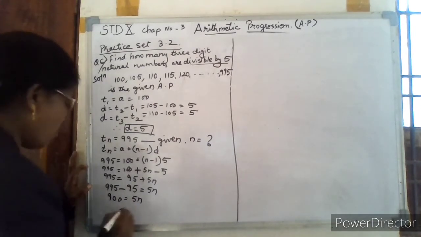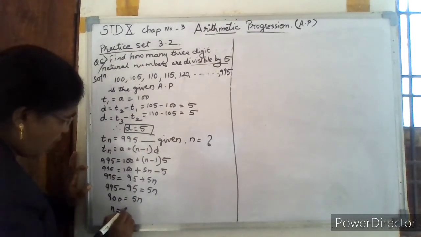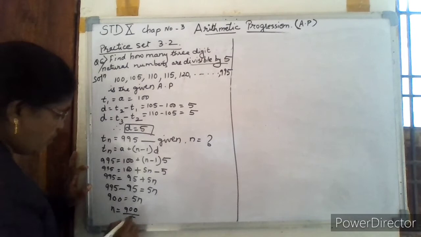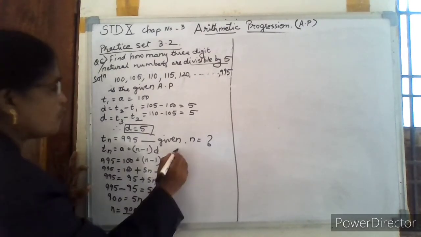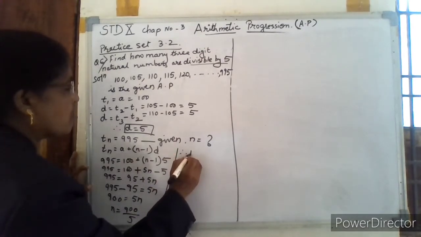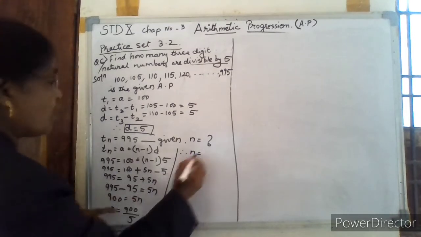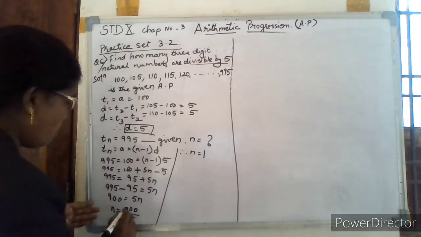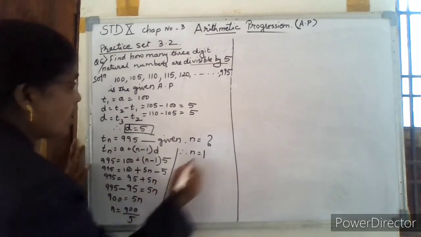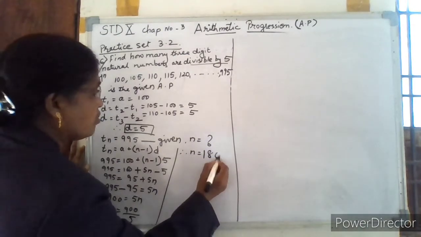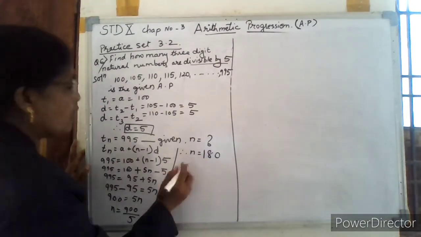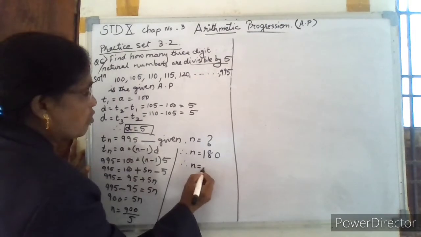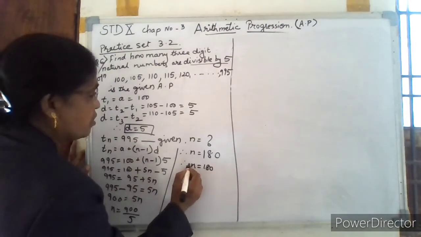Therefore, n is equal to 900 divided by 5. 5 eights are 40, and this 0. So we got n value equal to 180.